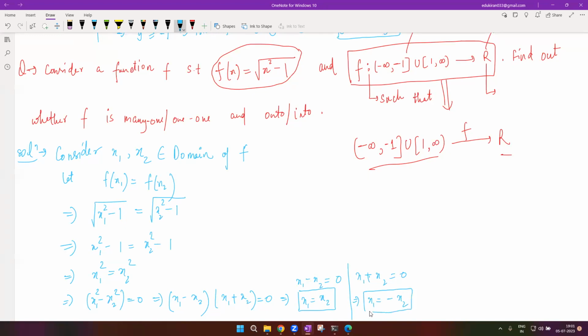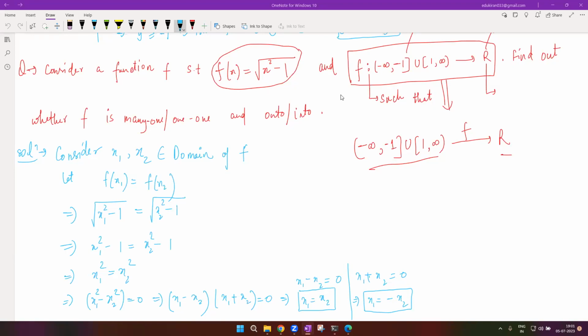So we got two answers first of all. Now I would check whether the second answer is valid or not. Do you remember how to check? Can anyone point this out? Take any value of x2 from the domain. Now you know the domain: minus infinity to minus 1 union 1 to infinity.